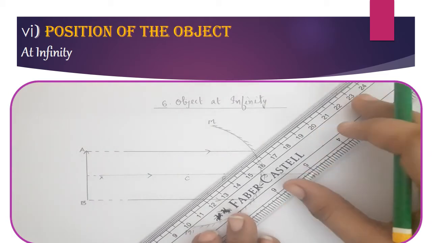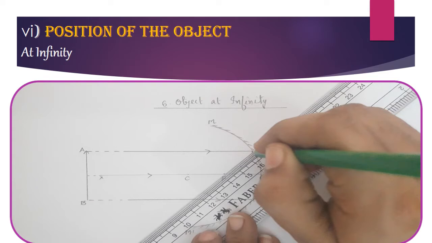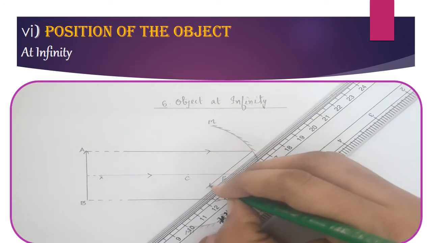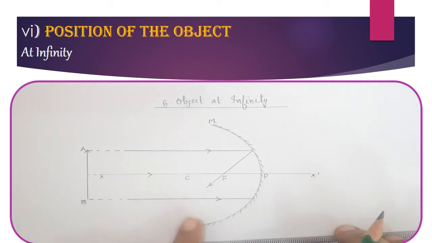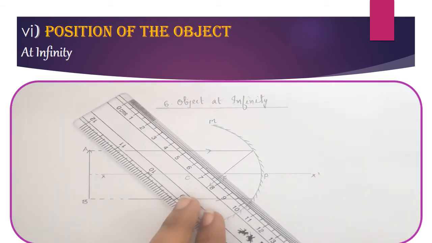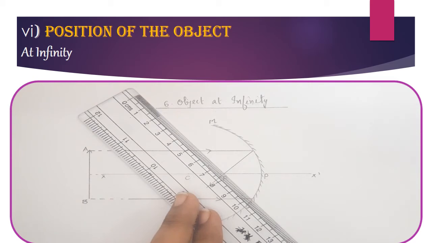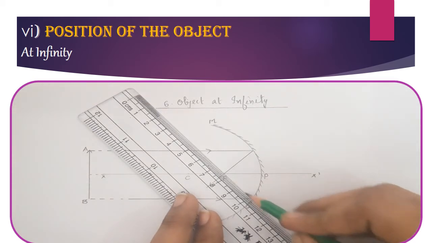So this is our principal focus. And this light ray also will pass through the principal focus after reflection.